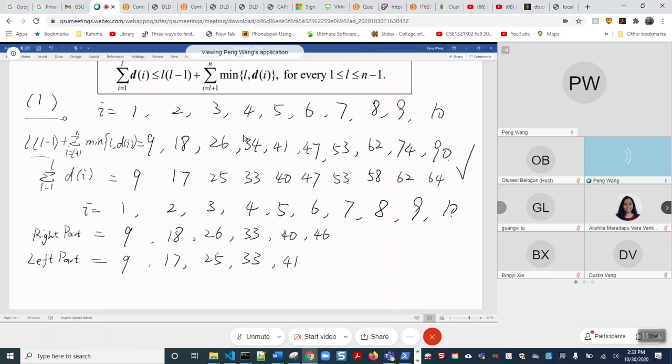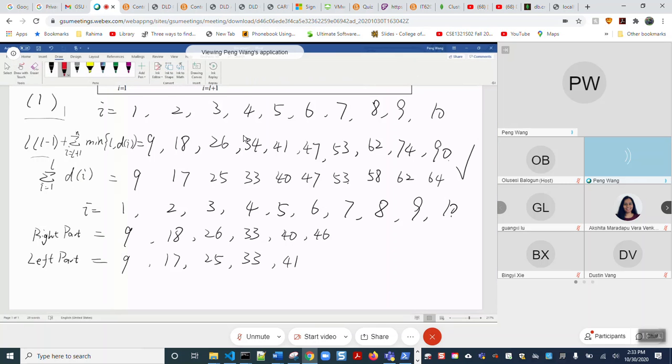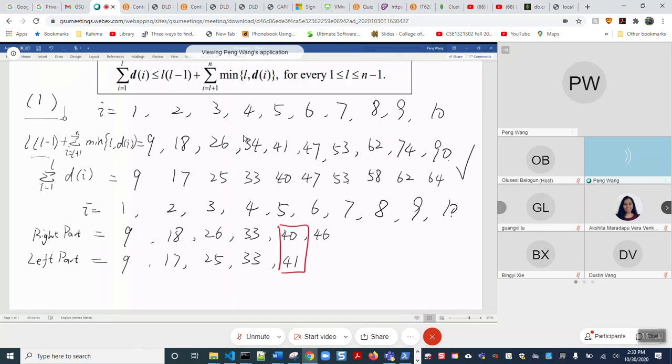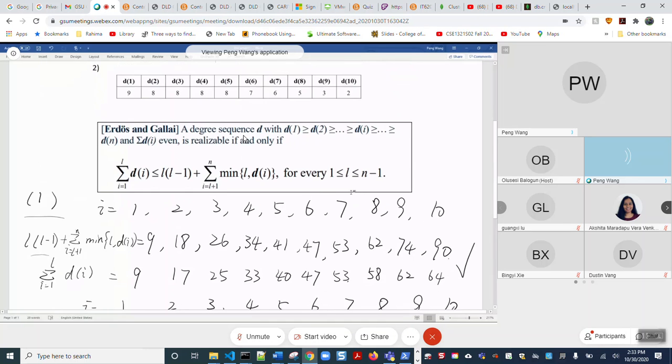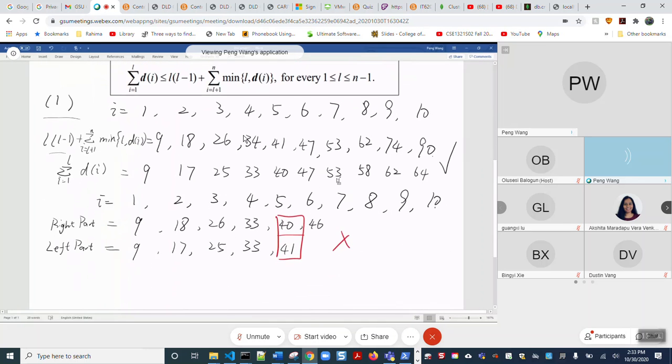Sorry. When you calculate here, we find the left part is already larger than the right part. So the second one doesn't have a graph for this degree sequence.